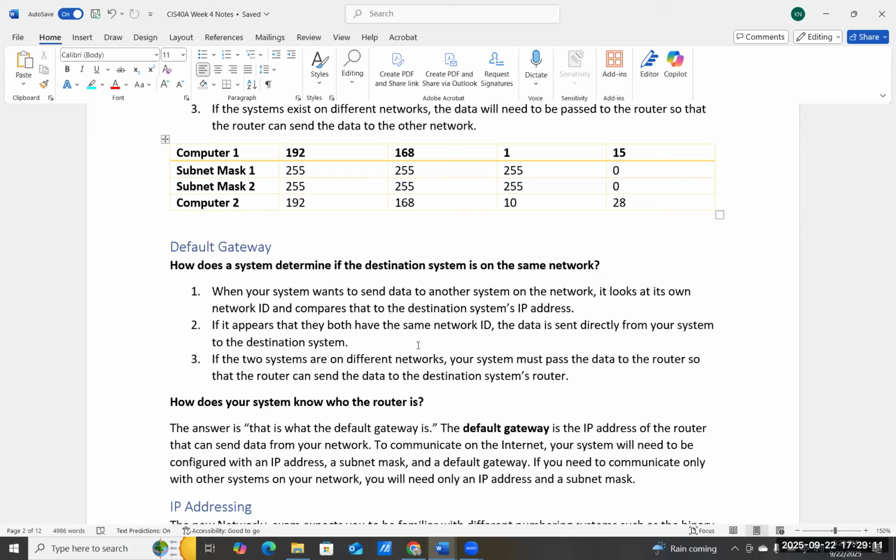So it tells you here, if two systems are on different networks, the system must pass the data through the router, and the router we treat as the default gateway. The router's host ID is always going to be 1, because that's the first system you see coming into a network.